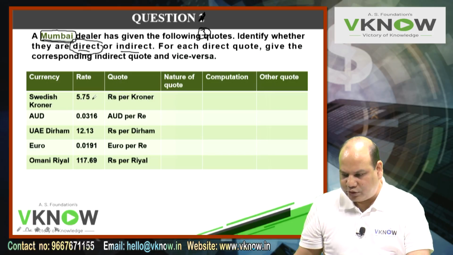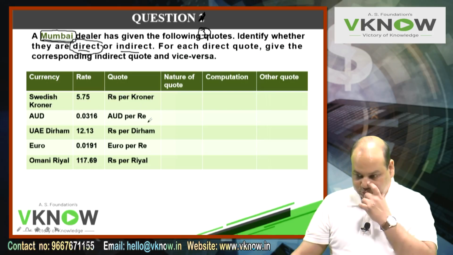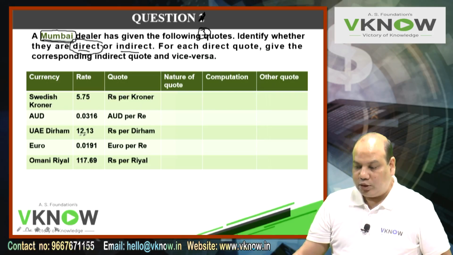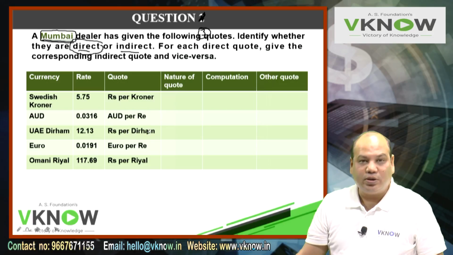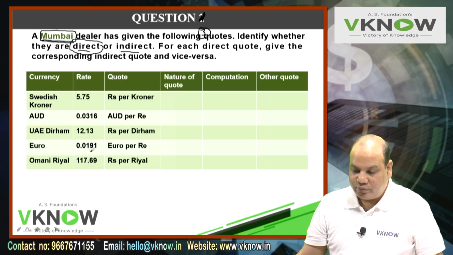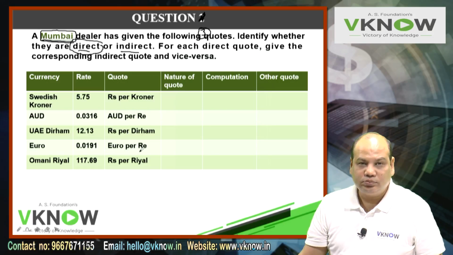This is 5.75 rupees per kroner. 0.0316 Australian dollar per rupee. 12.13 rupees per dirham. 0.0191 euro per rupee. 117.69 rupees per Omani riyal.